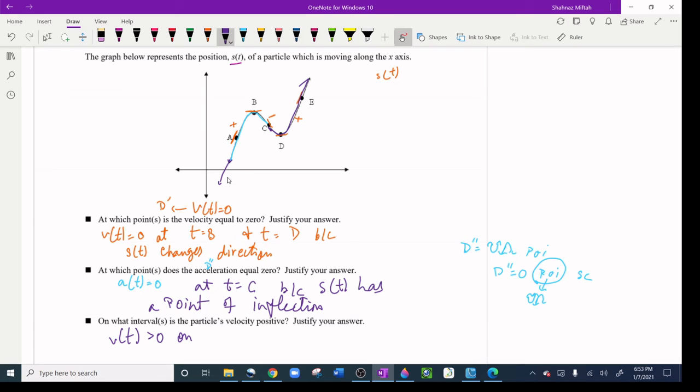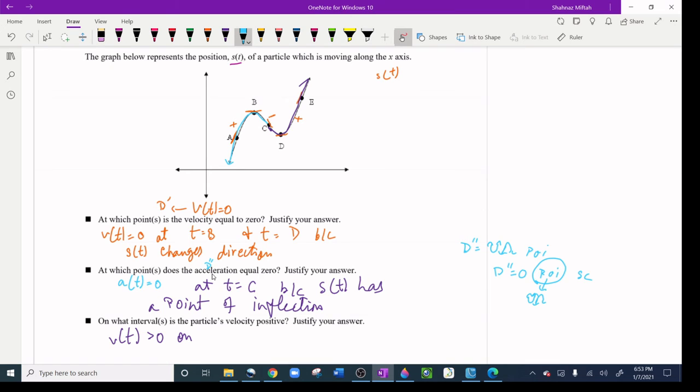intervals. Okay, intervals. So I'm going to say it's positive on 0 to b. Why didn't I say negative infinity or positive infinity? Because this graph is going forever in this direction, like an arrow.